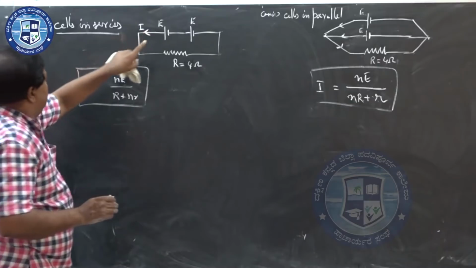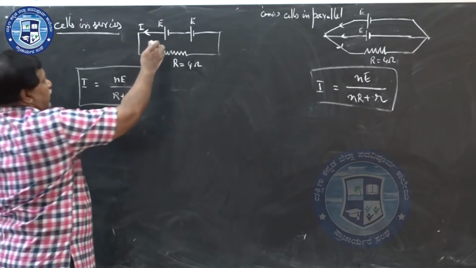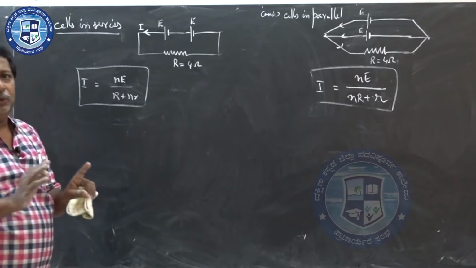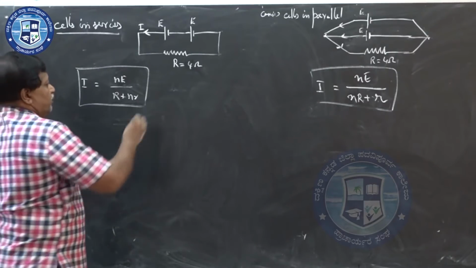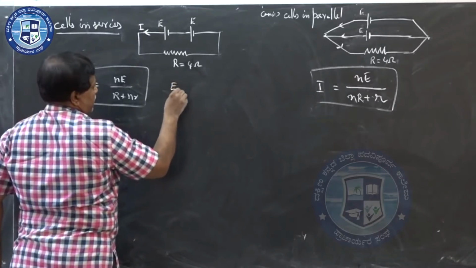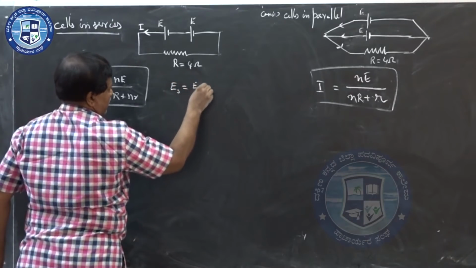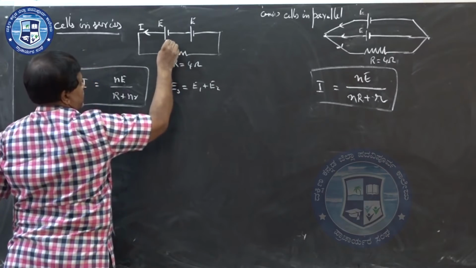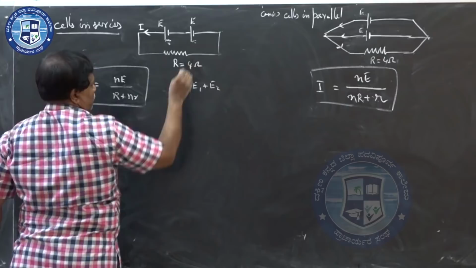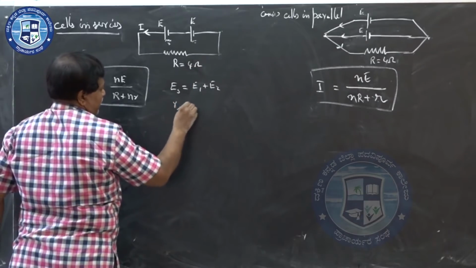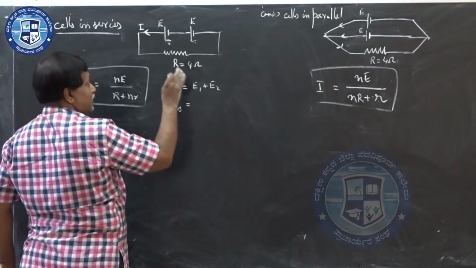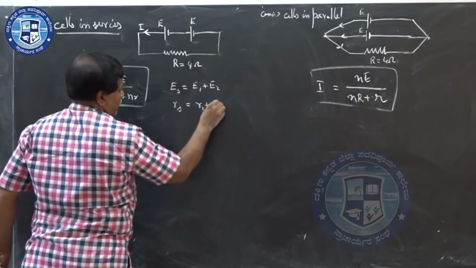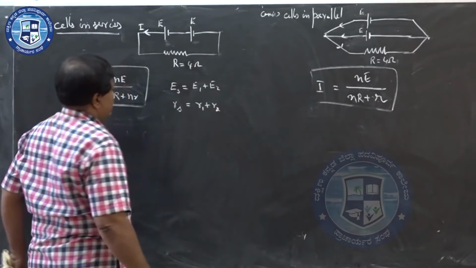When the cells are in series, EMF will be the sum of the EMFs. We are going to add. So, EMF in series, ES equal to E1 plus E2, and similarly internal resistance R1 and R2, it is nothing but resistance in series. So, RS is equal to R1 plus R2.